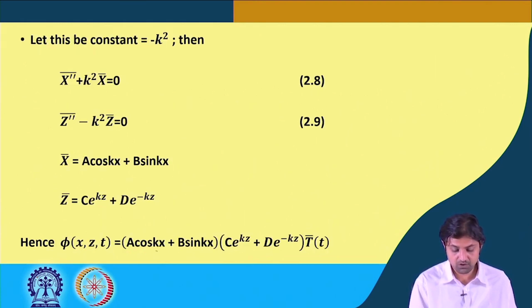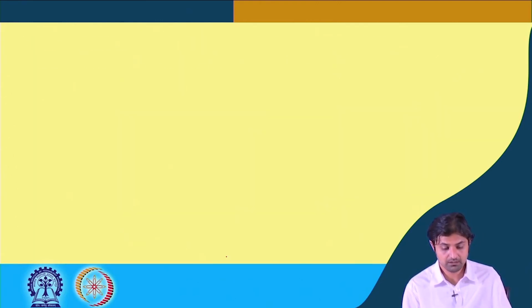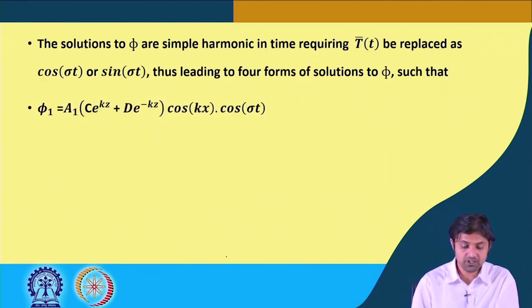One will be a cos kx multiplied by sin, the other would be a cos kx multiplied by cos, the other would be b sin kx multiplied by sin, and the fourth one would be b sin kx multiplied by cos.